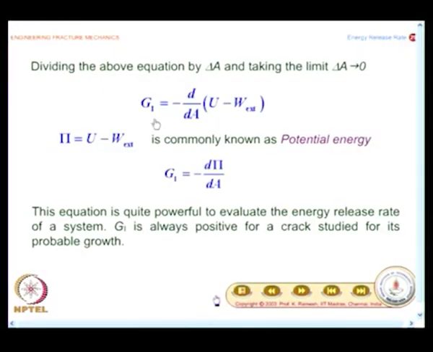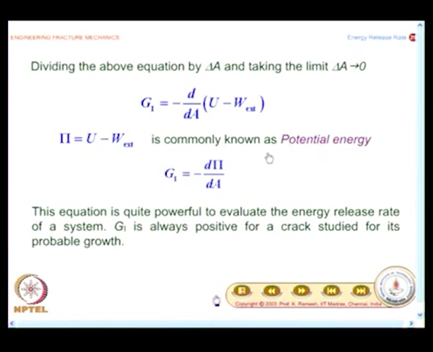So, what I get is G1 equals minus of d by dA of (U minus W external). And in theory of elasticity literature, the combination of U minus W external is termed as capital Pi, which is known as potential energy.